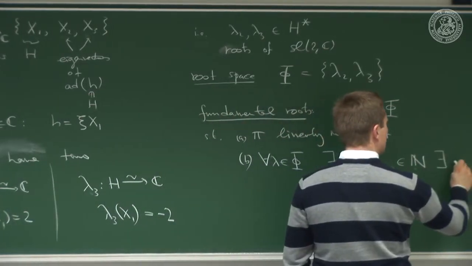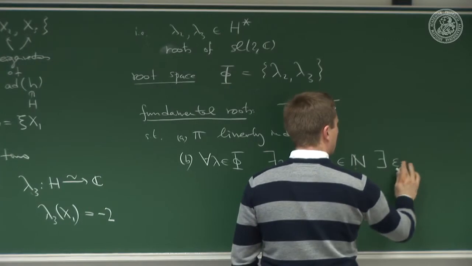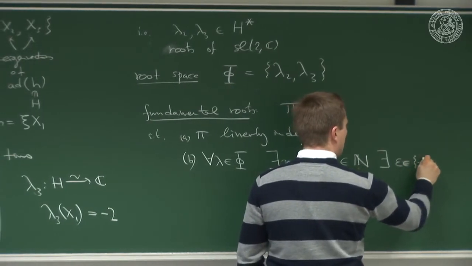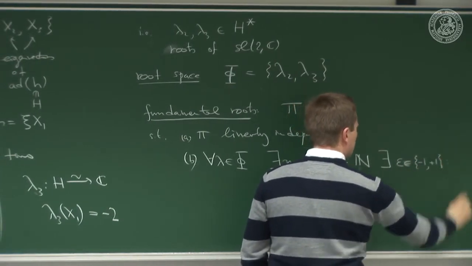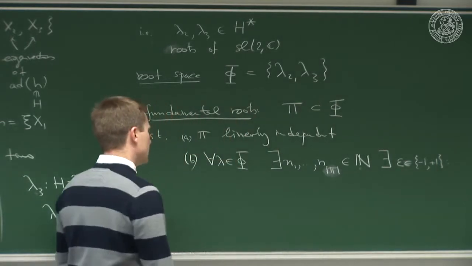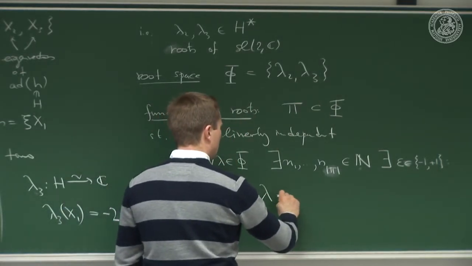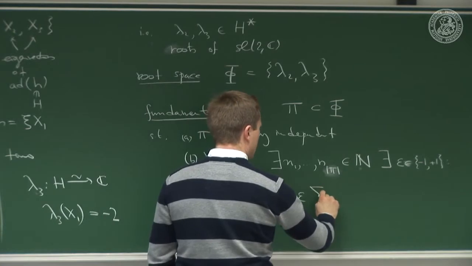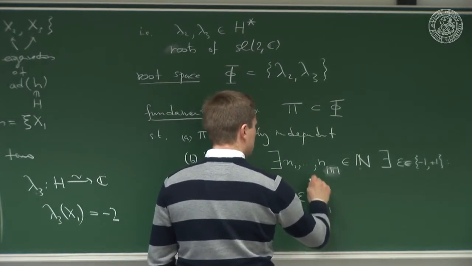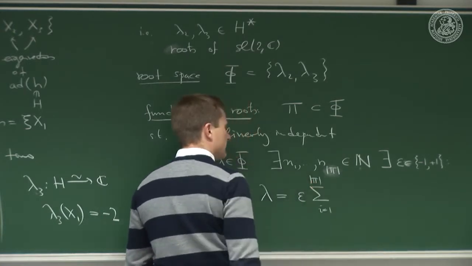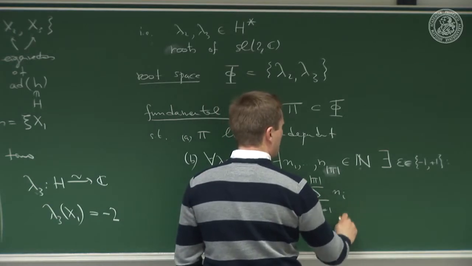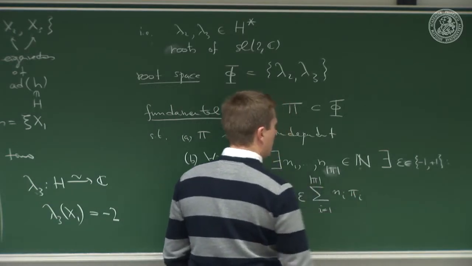And there exists an epsilon, which is either minus 1 or plus 1, such that lambda is epsilon times the sum, i equals 1 to size of pi, of n_i times pi_i.